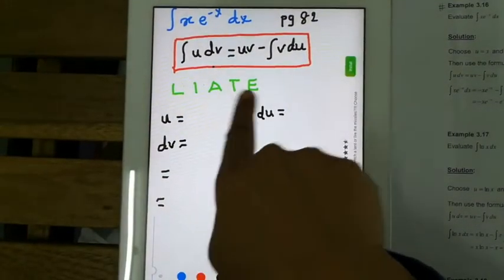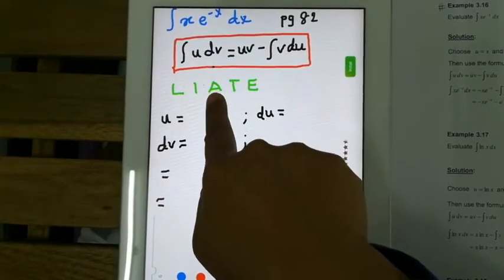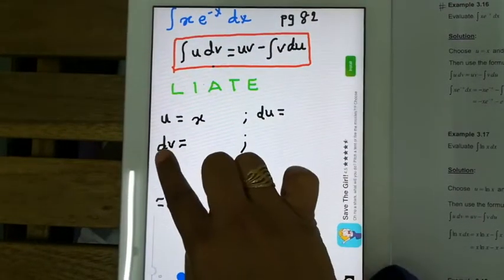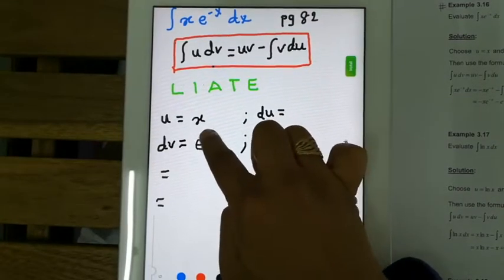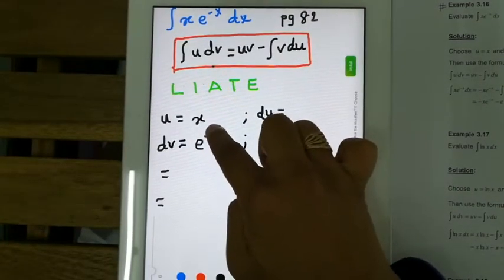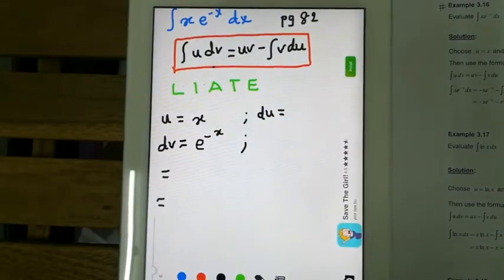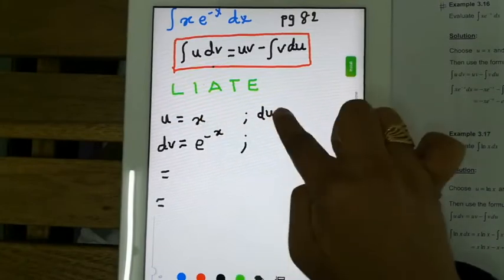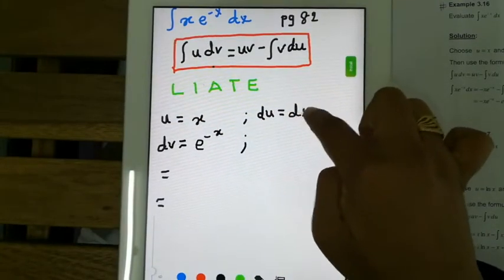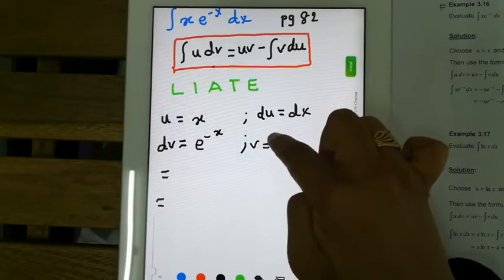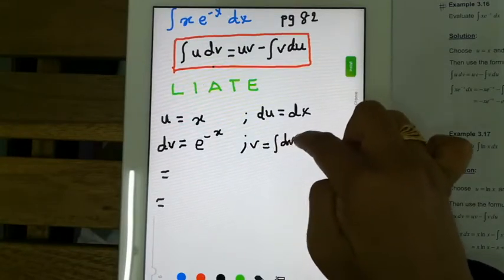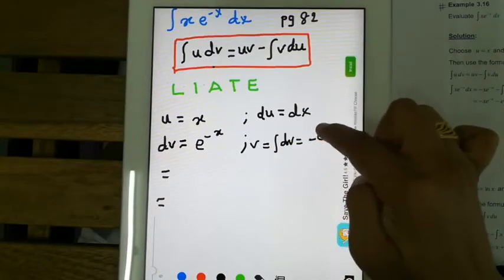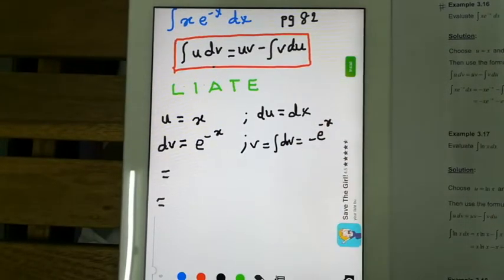Algebraic comes first before exponential, so u must be the algebraic expression, which is x, whereas your dv should be e^(-x). Again, you differentiate u, you get du equals dx, and you integrate dv, you will get, correct, negative e^(-x).